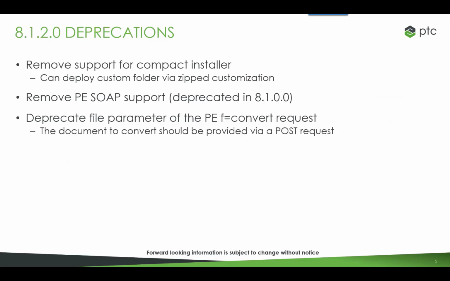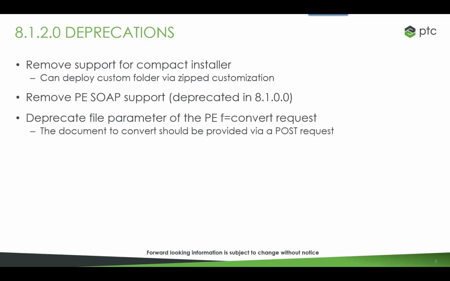You still will be able to deploy your customizations in the custom folder via our zipped customization capability, but the ability to include your customizations with a compact installer deploy kit is what we're removing support for. We're also removing the SOAP support in Publishing Engine. This has been deprecated for quite a while, and it's just going to be removed now.